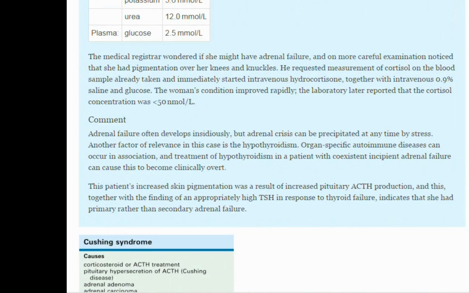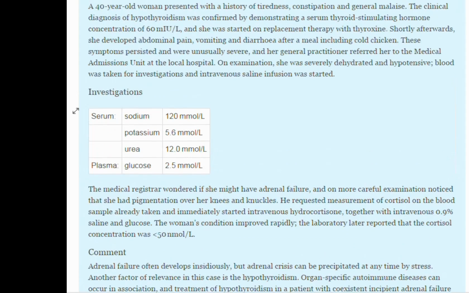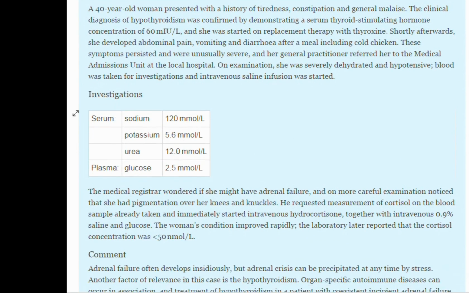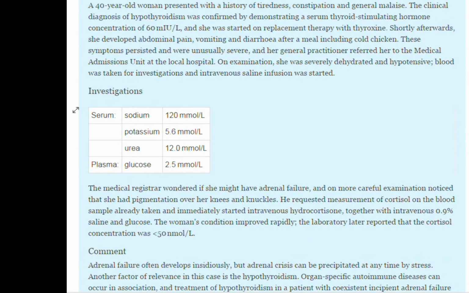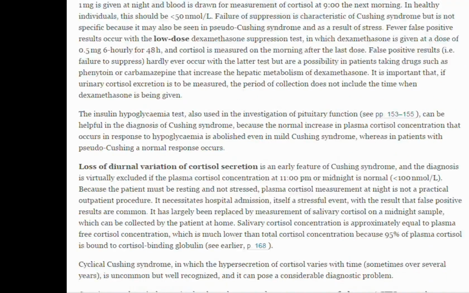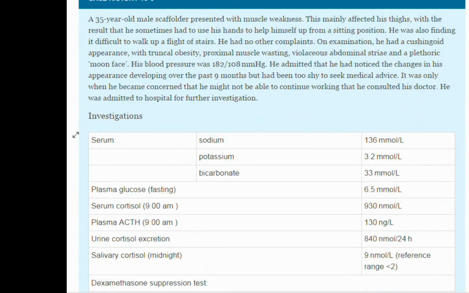Here's another example here of a woman with tiredness and malaise, and you've got some electrolyte results that are unusual. Another example here, a scaffolder with muscle weakness.